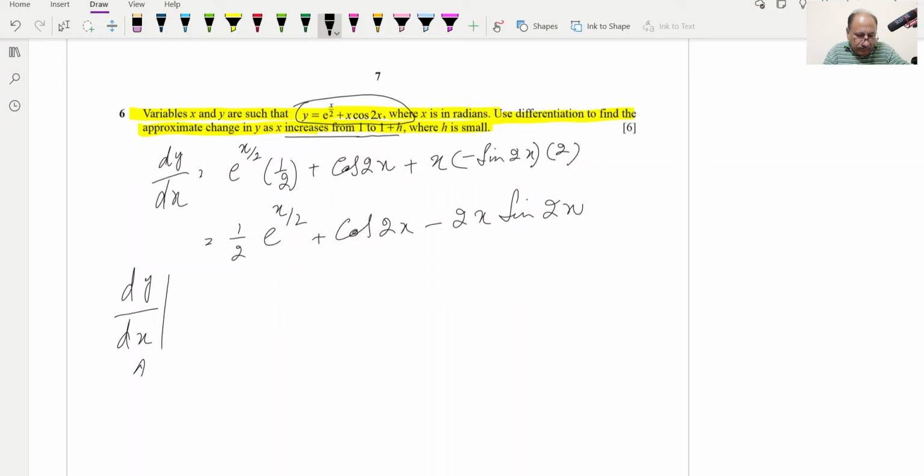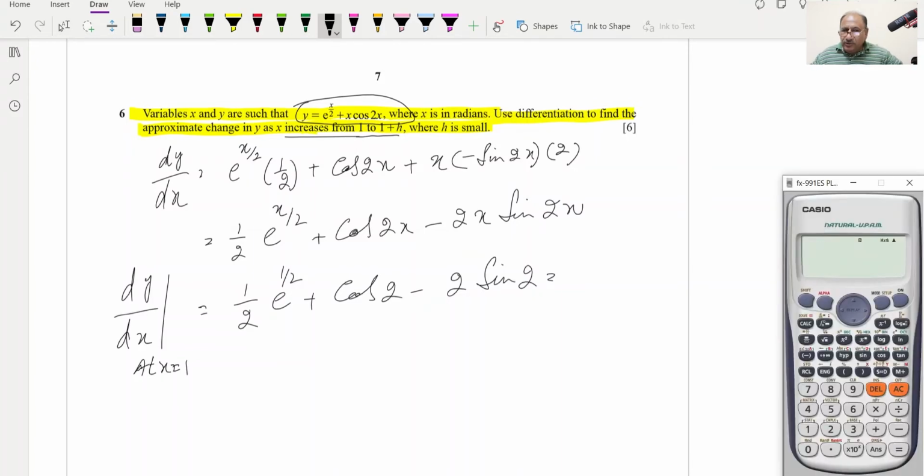We replace x with 1, so this will be 1 by 2 e raised to the power 1 by 2 plus cos of 2 minus 2 into 1 sine of 2. So 2 into 1 we can just write 2, and this will be sine 2.